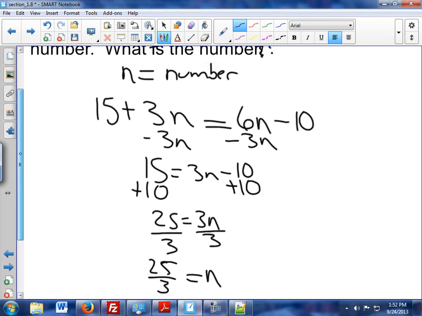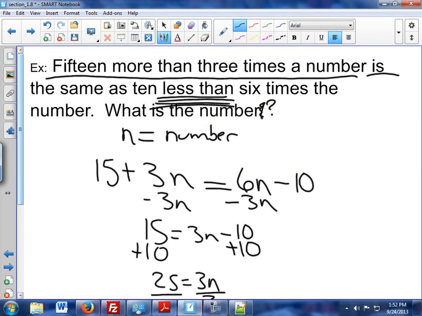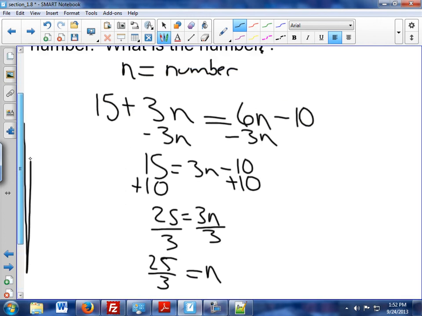Well, let's check it. 15 more than 3 times the number. So I have 25. We'll check it in red. 25 thirds. Correct? Is that what it was? The 3's cancel. So 15 plus 25 is 40, right? So I hope I get 40 on the other side. And you keep dropping my $80 calculator.